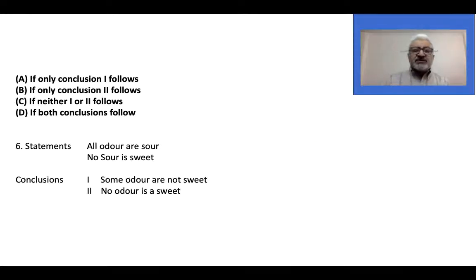Now, in question number 6, please notice that you have two statements. One of them is an affirmative statement and the second one is a negative statement. It's okay to start with the first statement. That's what we have been doing to show the representation of the statements. We have been taking the first statement and the second after that. But for your own convenience, sometimes you may have to erase a part and then reconstruct the diagram.